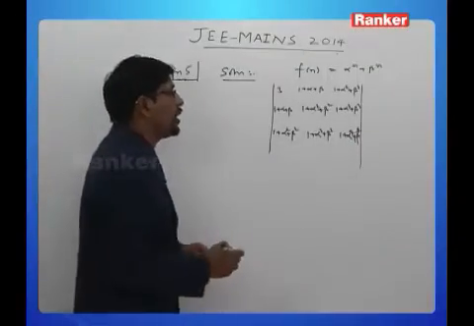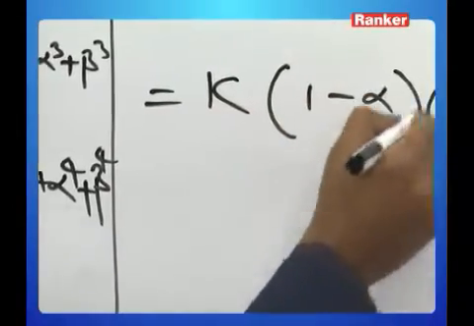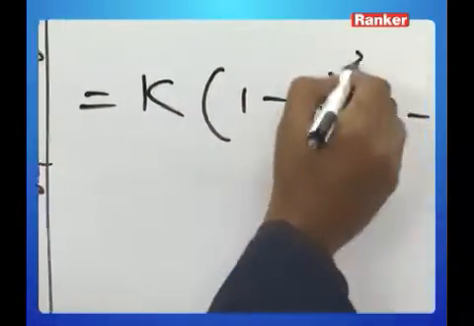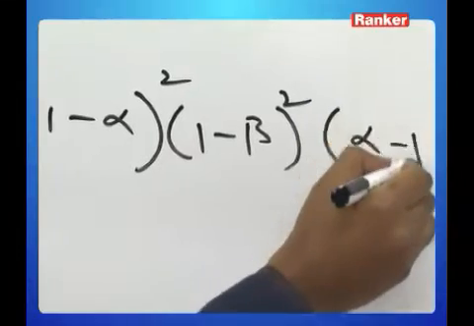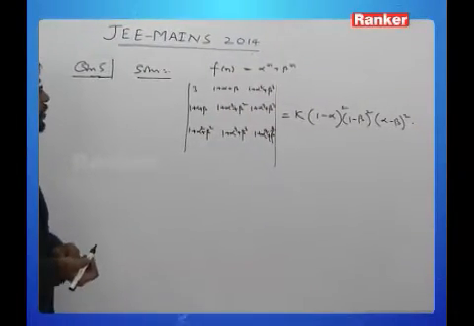That is our f of 4. The whole thing is given to be k into (1 minus alpha) into (1 minus beta) whole square into (alpha minus beta) whole square, and we had to find the value of k.